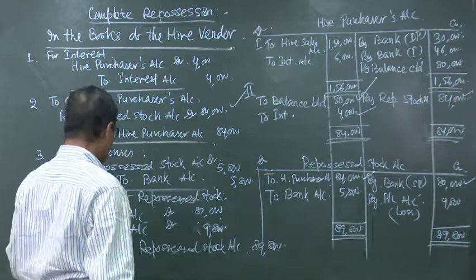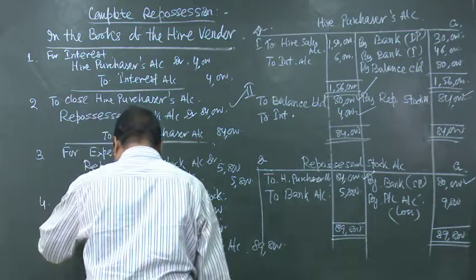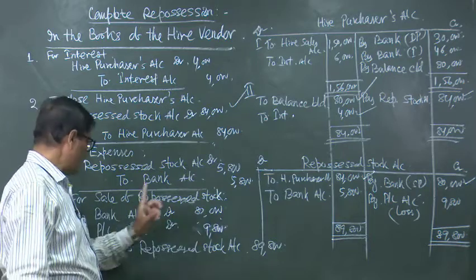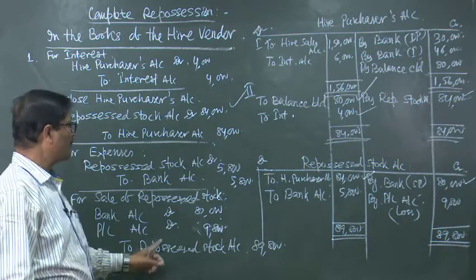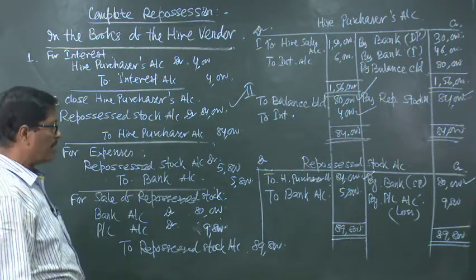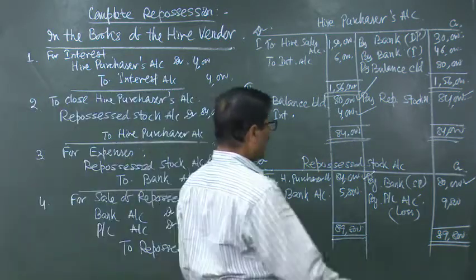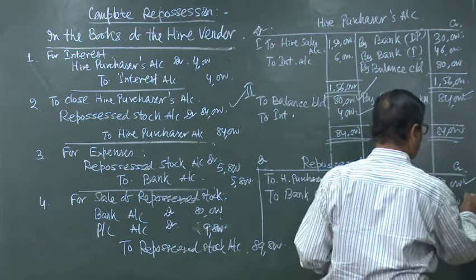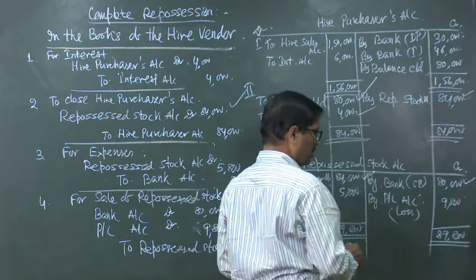So, what is the entry? The entry is bank account debited 80,000, profit and loss account debited 9,800, to repossessed stock account 89,800. So, by bank account 80,000, by profit and loss account 9,800. That means that is the loss we are incurring.